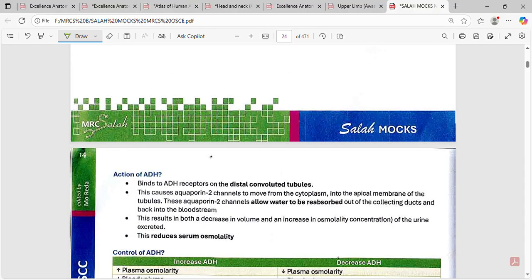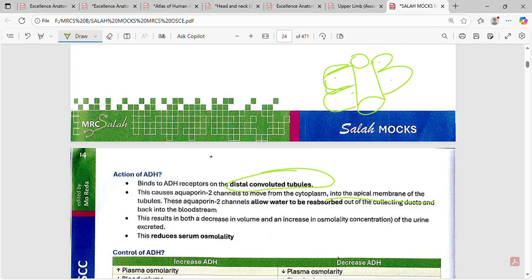Action of ADH. Normally the ADH binds to ADH receptors on the distal convoluted tubules in the kidney. This causes aquaporin 2 channels to move from the cytoplasm into the apical membrane. So let's suppose this is the renal tubule, and these are the apical cells.